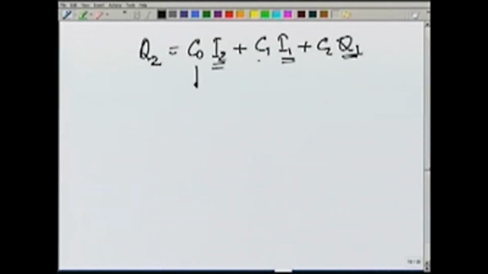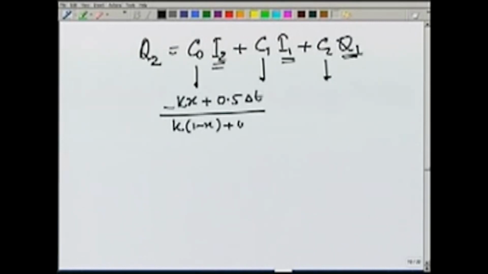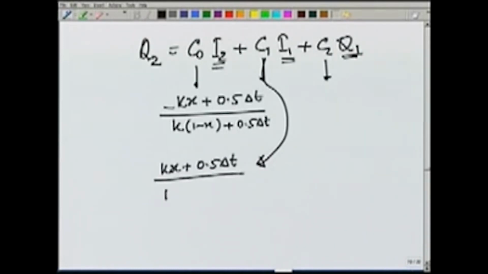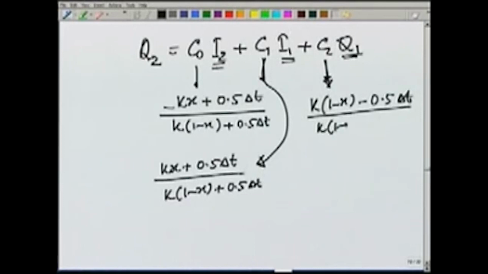These constants C0, C1 and C2 are given as follows: C0 is minus Kx plus delta t by 2 over K(1 minus x) plus delta t by 2, C1 is expressed with Kx, and C2 is given as K(1 minus x) minus delta t by 2 over K(1 minus x) plus delta t by 2.